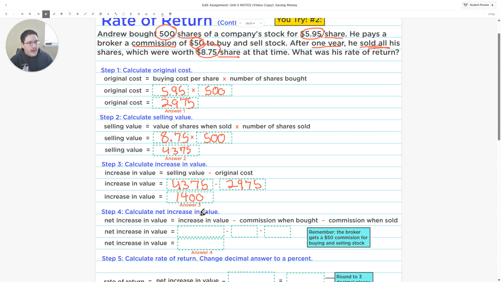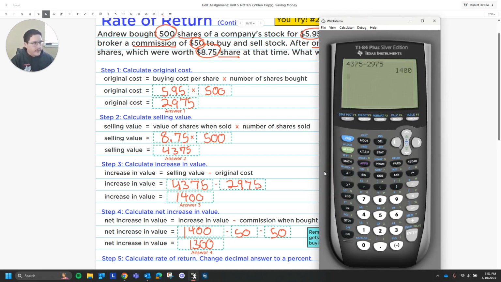So $50 is for each buy and sell. So we're going to take $1,400 and then subtract 50 for when he bought and then 50 for when he sold, which is subtracting 100, which will be about 1,300. And I'll just show you on the calculator just to make sure you all understand. So minus 50, minus 50, and we have 1,300.